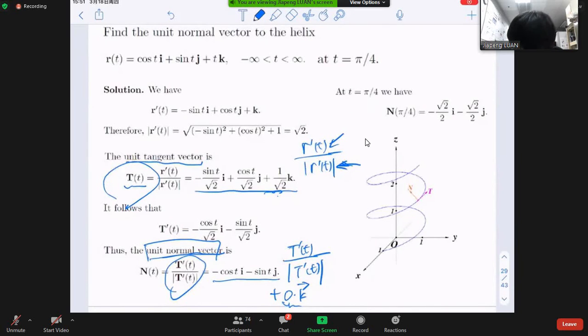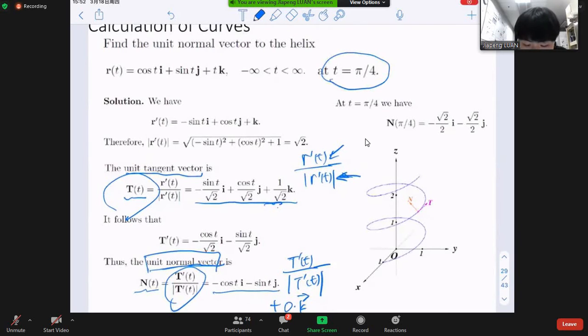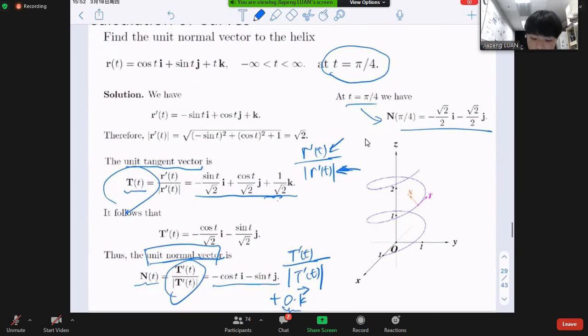Okay. And then you have this function of t, and he wants you to calculate what this is when t is pi over 4. You just substitute t equals pi over 4 into this, then you get the answer. Okay, you can see this is the unit normal vector.